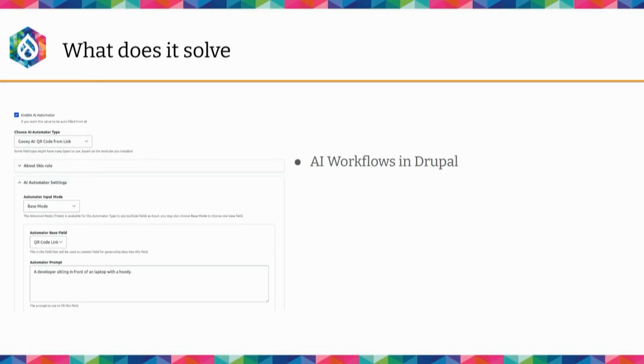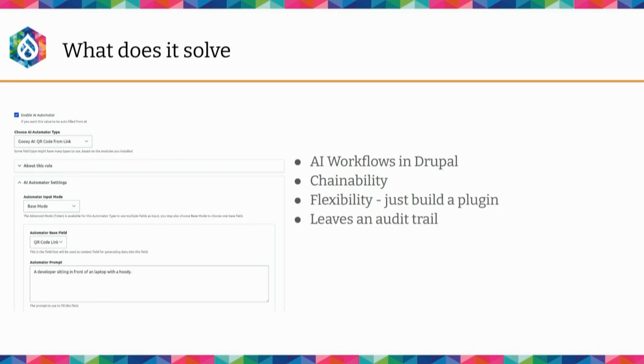What does it solve then? Well, it is its unique way of solving AI workflows that is very Drupal-y. You can chain processes, you have the flexibility to build a plugin. And this is actually quite important. When I built this a couple of years ago, I thought it was super annoying.